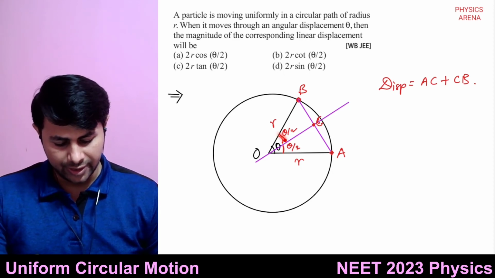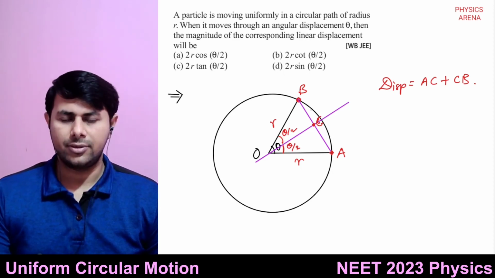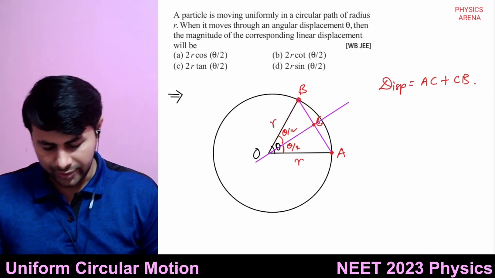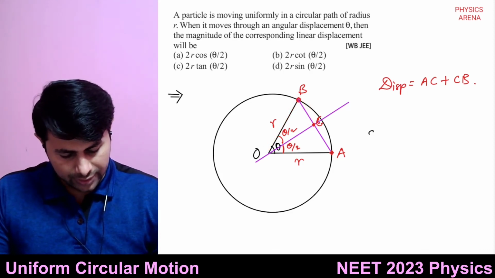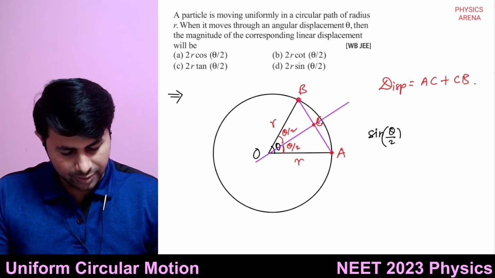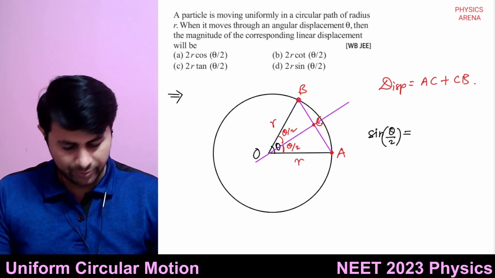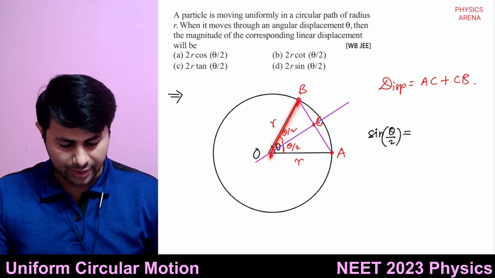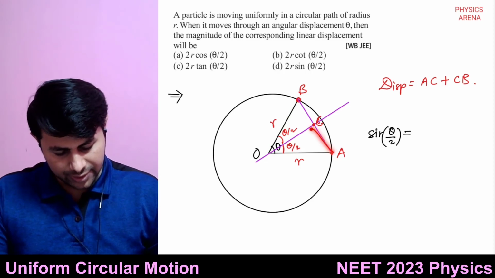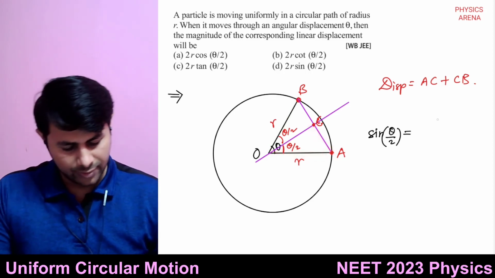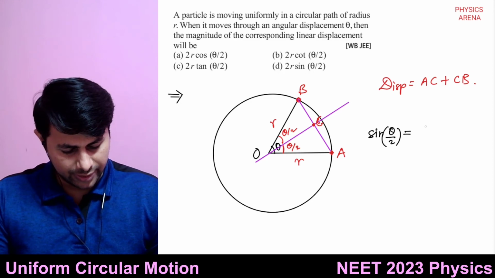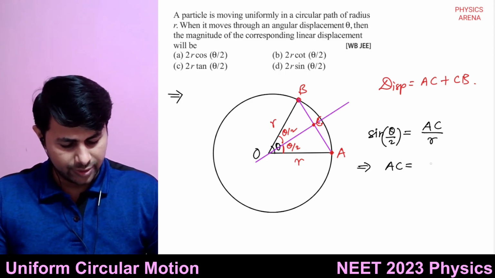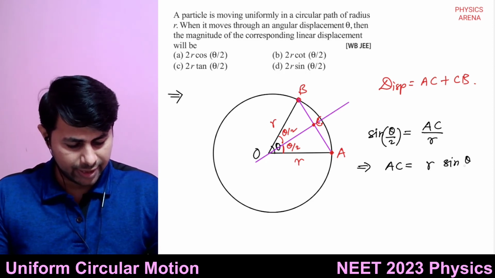You can write it in terms of this angle. It is opposite side divided by hypotenuse. So sine of theta by 2 is equal to, if you look in this triangle, CB divided by R, and in this triangle it is AC upon R. Therefore AC is equal to R multiplied by sine theta by 2.